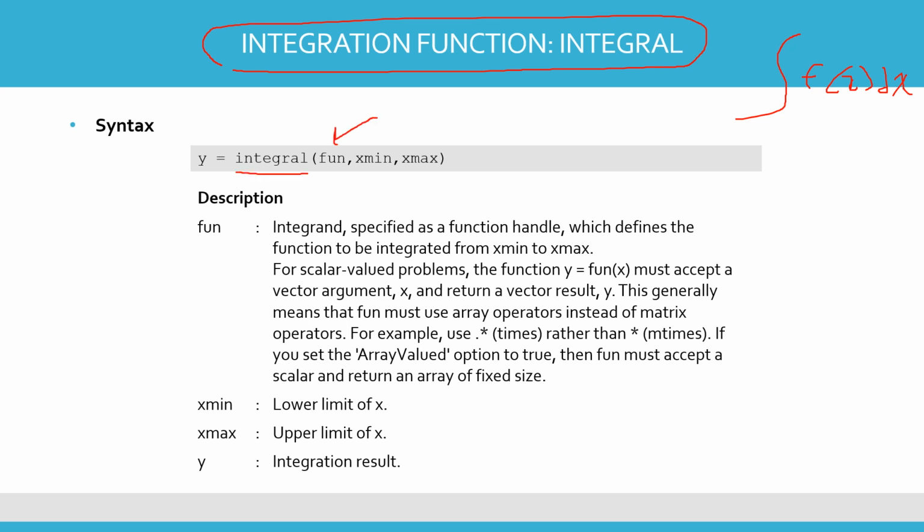This is the function, and you have to include the minimum and the maximum, so remember, x min, x max. The integrand is specified as a function handle, and then the lower limit and upper limit. This is the integral result.